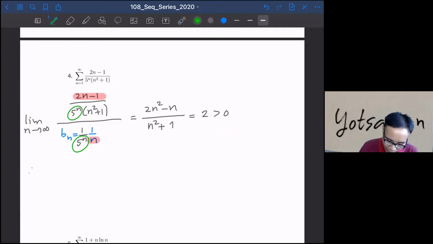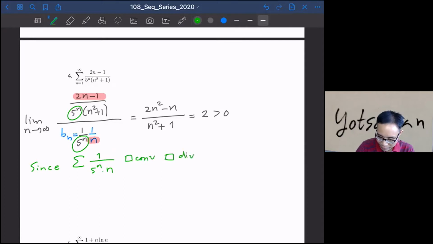And you see that we're going to consider the series 1 over 5 to the n times n. Is this series convergent or divergent?